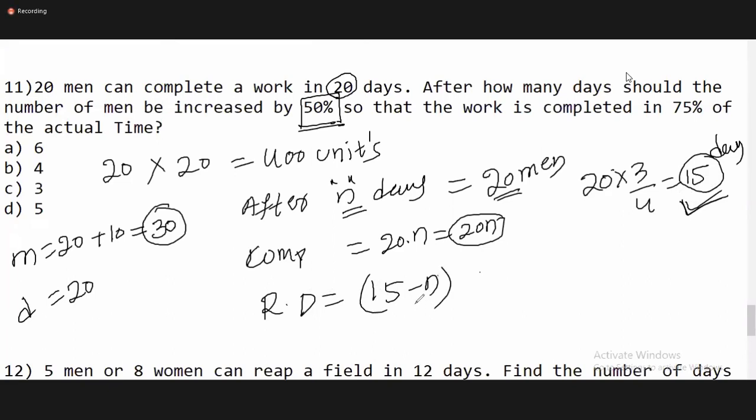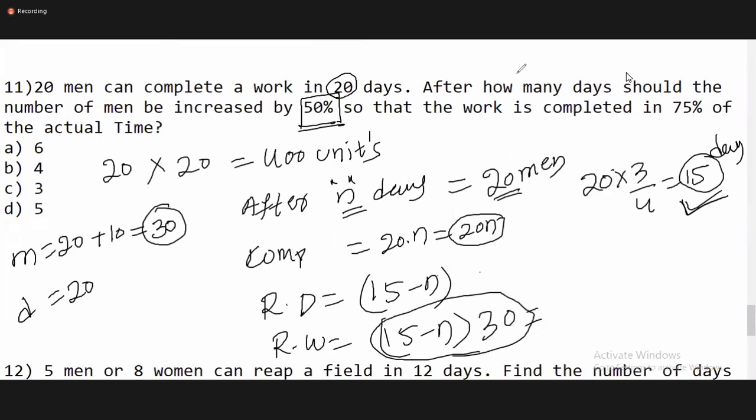So the remaining work would be 15 minus n into 30 only, no? This will be my remaining work.